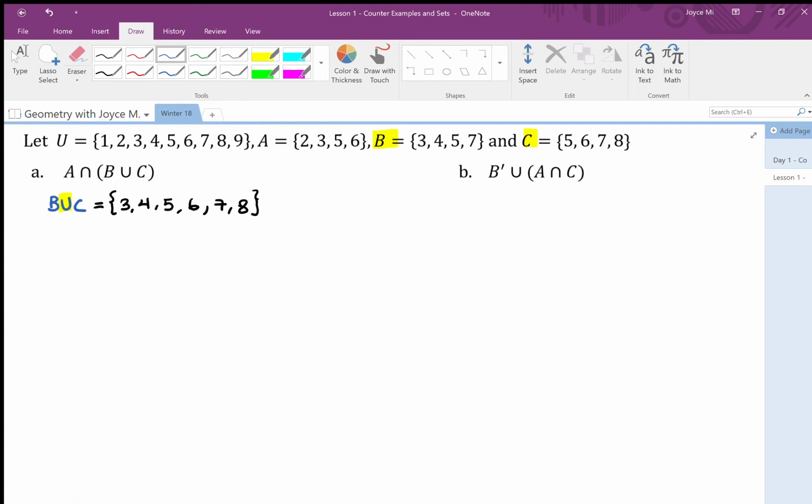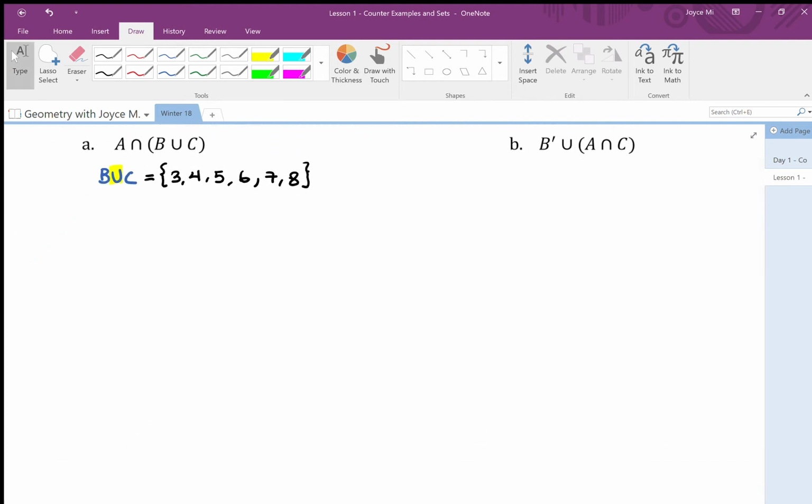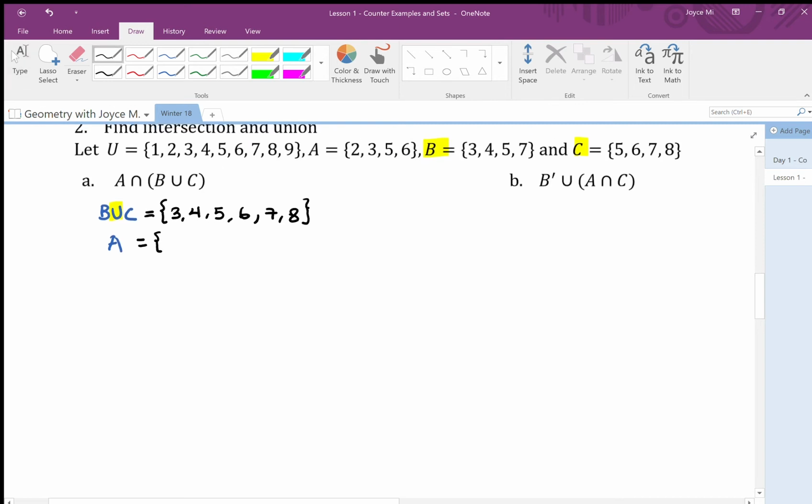Next, I'm going to look for A. I'm going to put A below here so that you can see side by side. The set A consists of 2, 3, 5, 6.